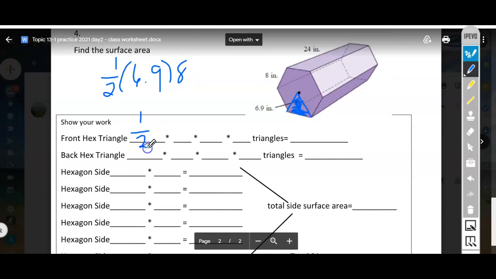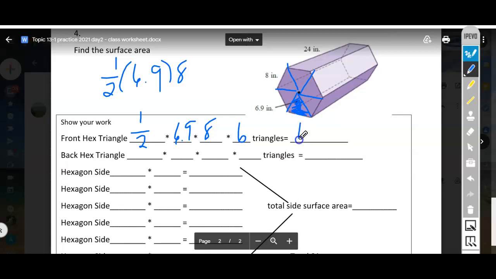What else do I have to do then? How many triangles do I get on a hexagon? LJ? I got to take it times 6 because I have 6 of those triangles on there. And as I was walking around, that's what you guys were missing, right? That 6.